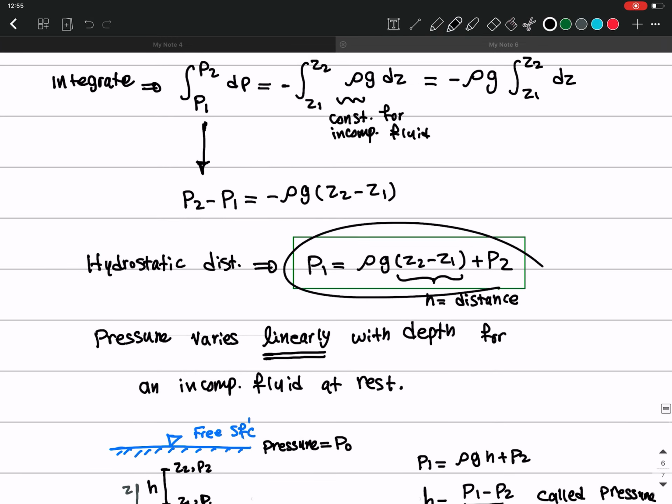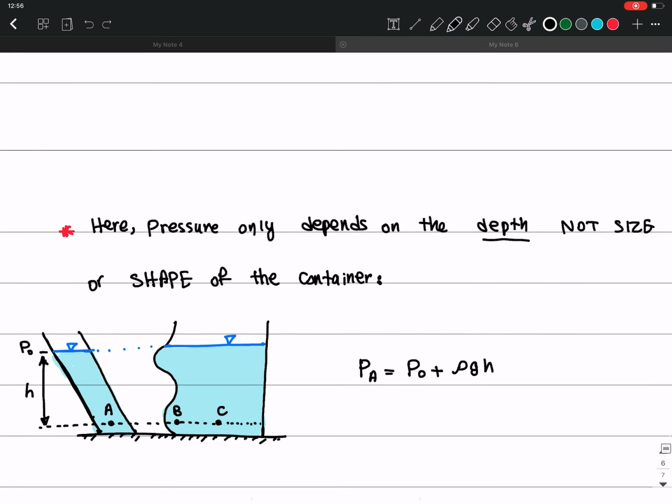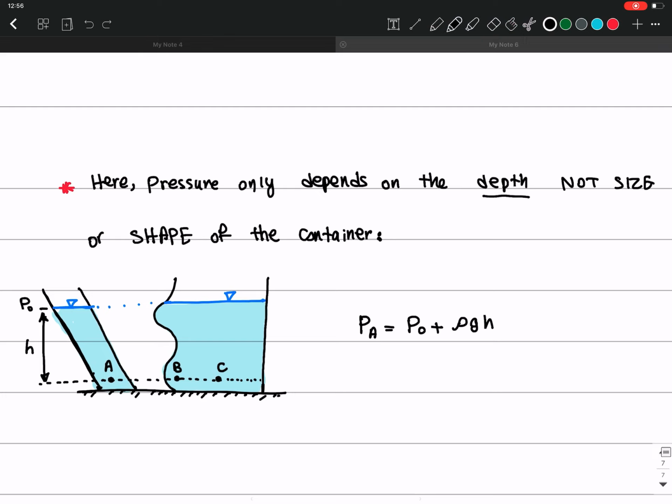I just use this formula. So P at here plus this rho g h. And for PB, it's going to be P at here plus again rho g h. And for P at point C, it's going to be the same thing. It's going to be P at here plus rho g h.